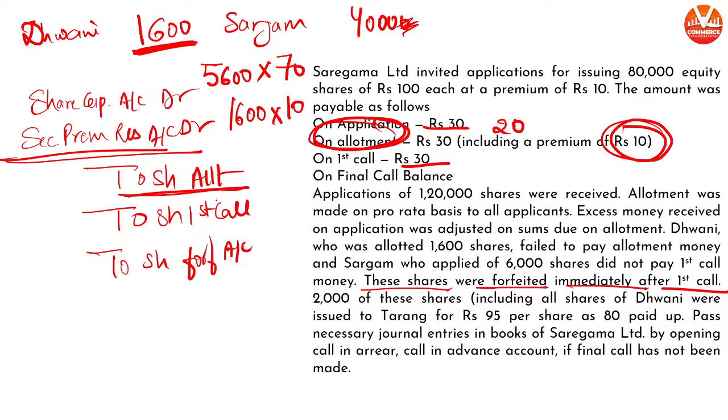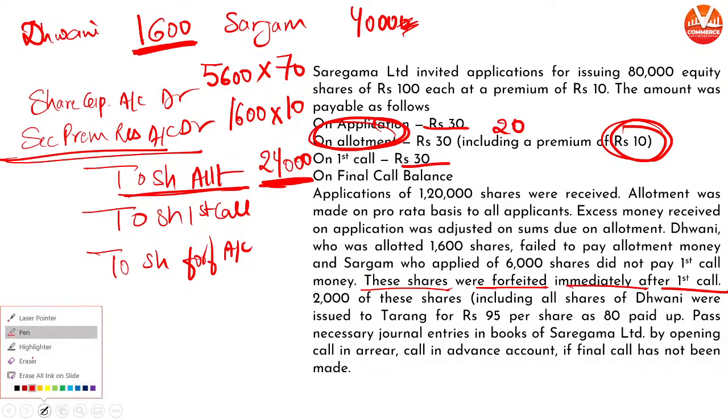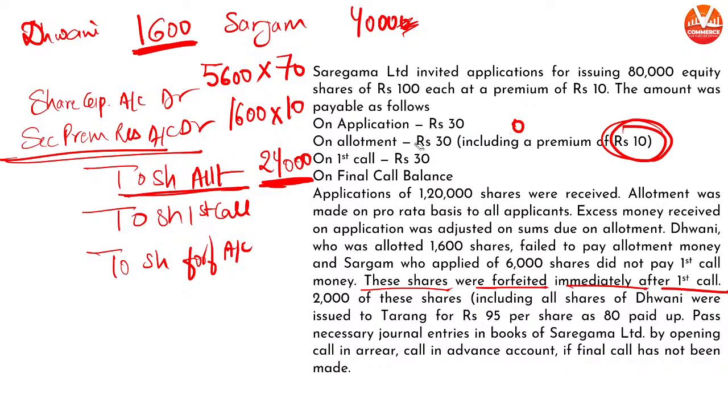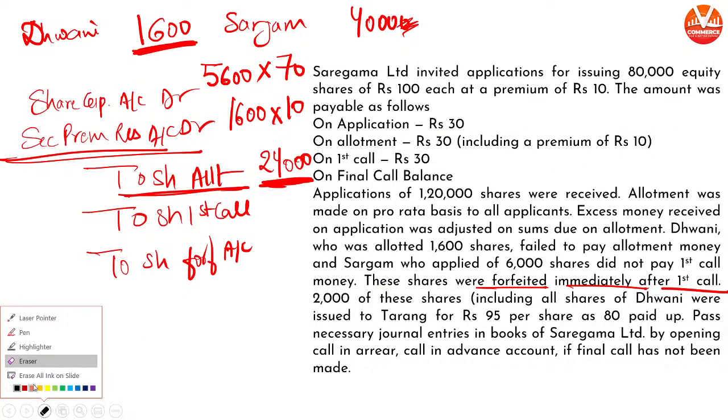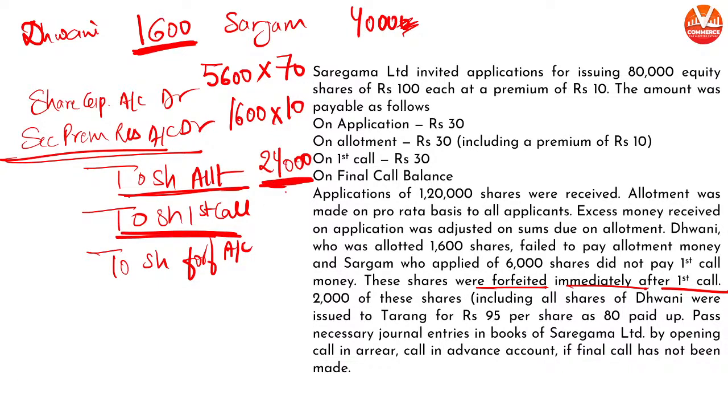Then to share allotment. How much calls in arrears were there at the time of share allotment? It was 24,000. We have calculated this from the working note. Then to share first call. Calls in arrears at the time of first call are 1,68,000.